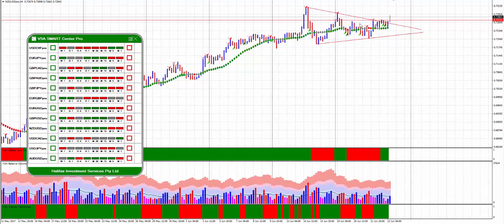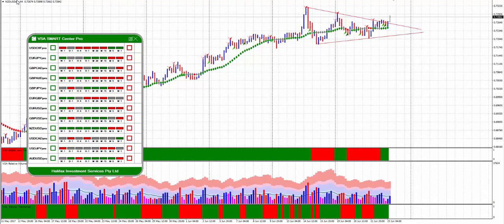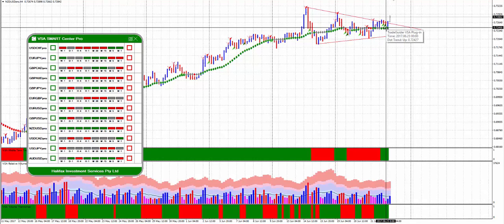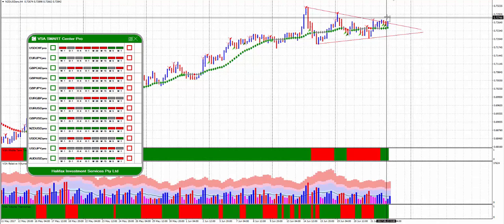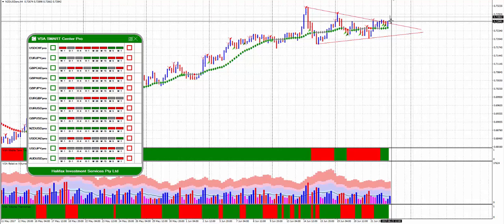Now I will be looking, and hopefully we can see a retest of this level. We've certainly seen a no supply right here, and you can see how low the volume is. It's really very low, so that's why we've seen this push up on the 4-hour chart.